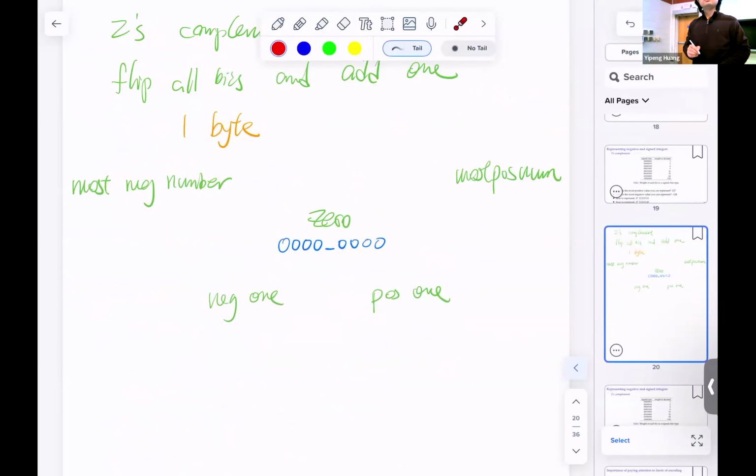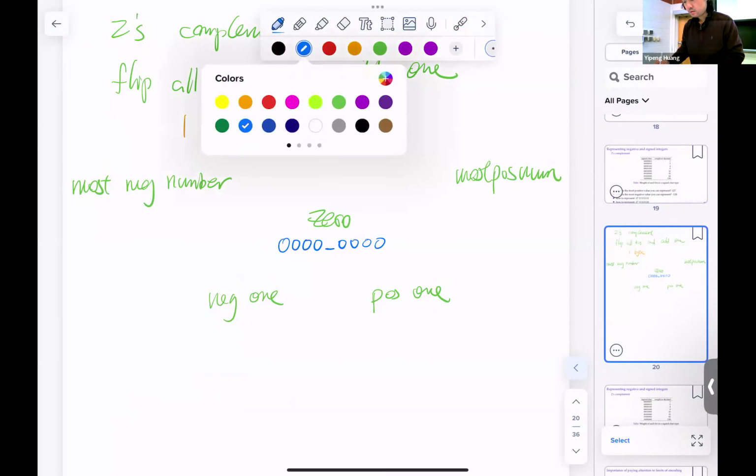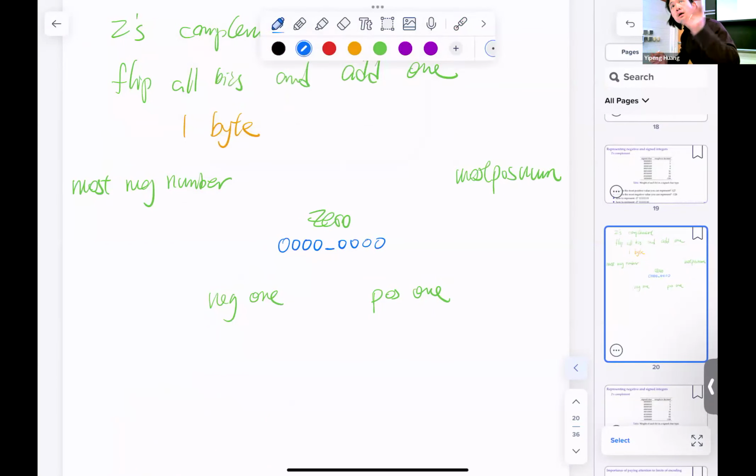We're going to write down 0 in this way. How do we write down 1? Just regular old 1, right?